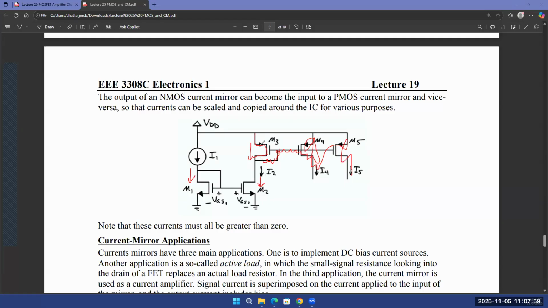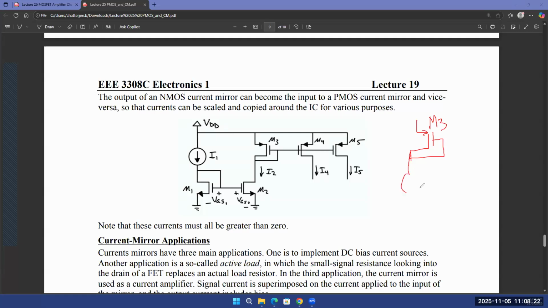So the current through M3 is forced by the current through M2. Let me draw it separately on the right-hand side: you have this M3 transistor, and then you have this diode connection, and why that diode connection is used, we'll come to in a minute.